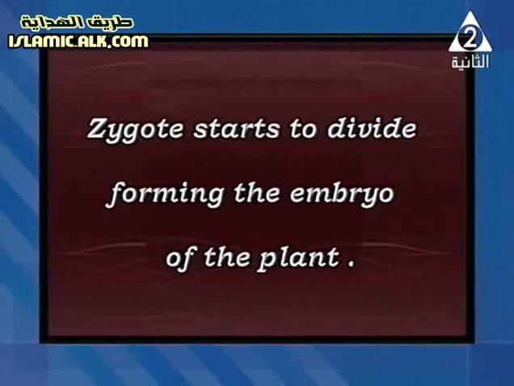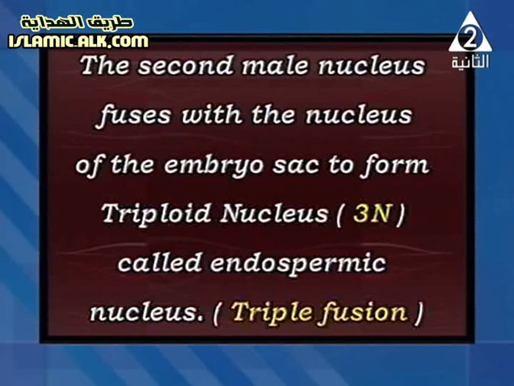And when the zygote starts to divide, forming the embryo of the plant, the second male nucleus fuses with the nucleus of the embryo sac.